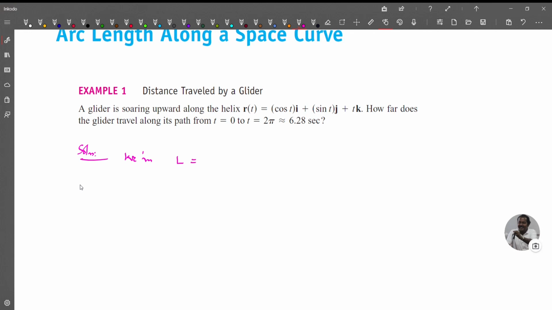We have the arc length formula. L is equal to integral a to b modulus of v of t dt.